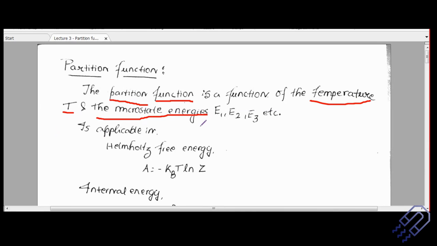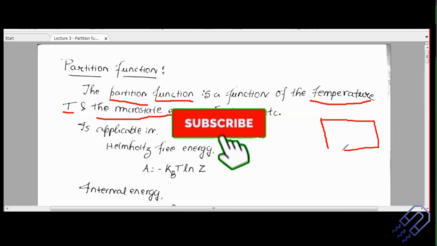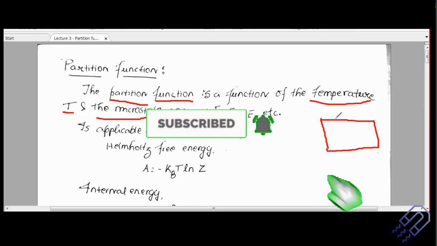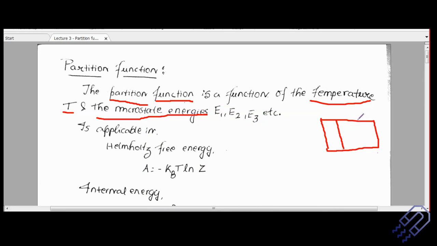So the partition function is a function of temperature T and the microstate energy. If you remember, two weeks back we studied microstates and macrostates. Let me give you a brief understanding: say we have a closed surrounding divided into three regions, 1, 2, and 3.